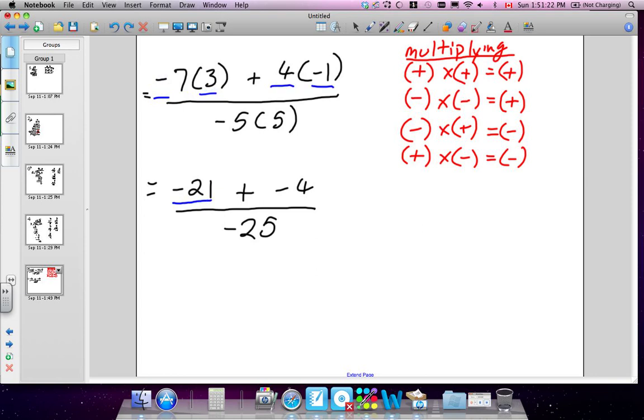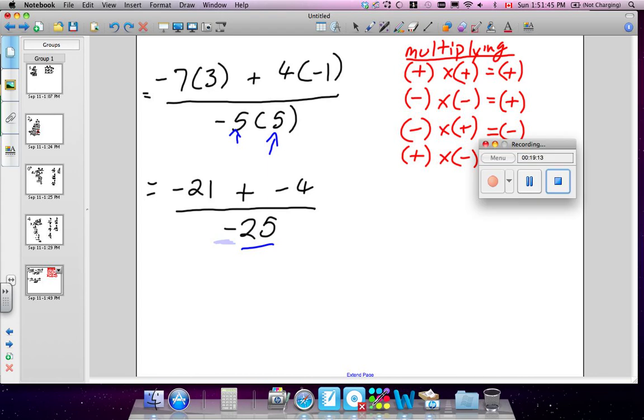Same here, I had a positive times a negative, so right away I know my answer is going to be negative. What is 4 times 1? It's 4, so -4 is my answer. Same with the bottom: a negative times a positive is a negative answer. 5 times 5 is 25, so my whole answer was -25.